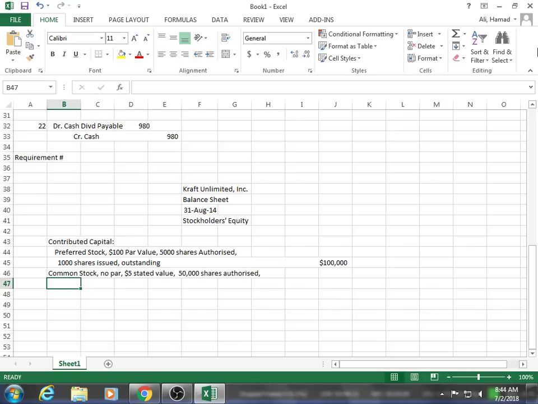Now, how many issued and outstanding? Start from the beginning: 10,000 plus 500 plus 2,500 minus 1,500. The total issued was 13,000, before you get to the treasury.